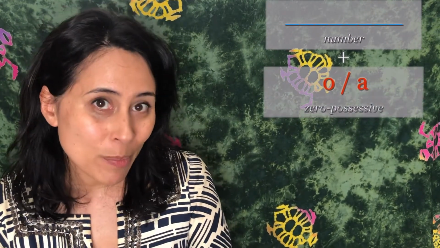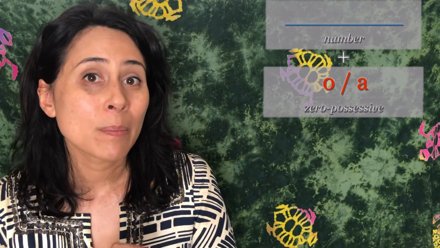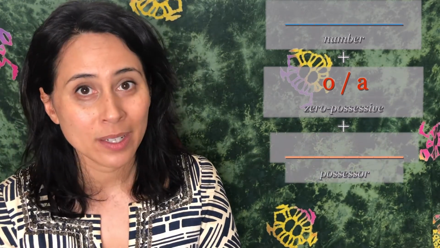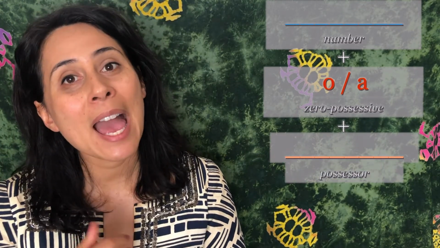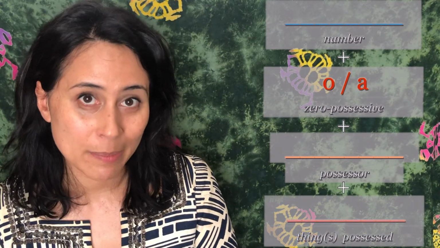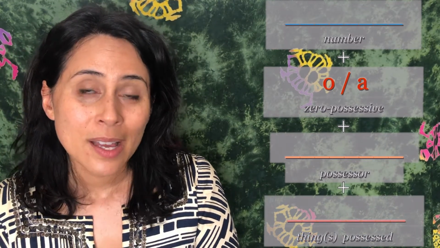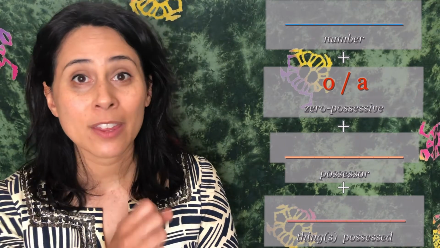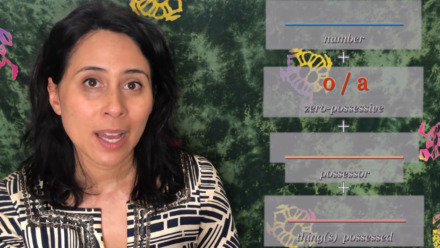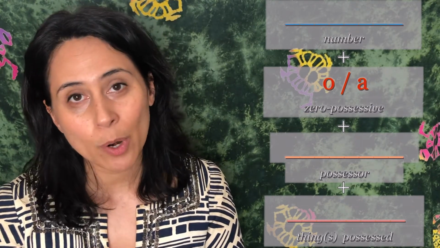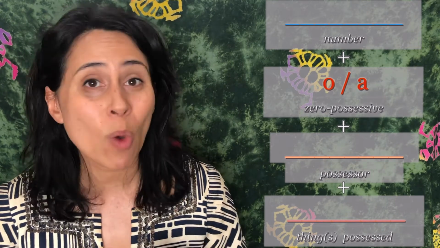So for these sentences, the word order will be number, and then your 0 possessive plus your pronoun, and finally end with the thing being possessed. So you'll see that the thing being possessed and the 0 possessive plus pronoun simply swap places.